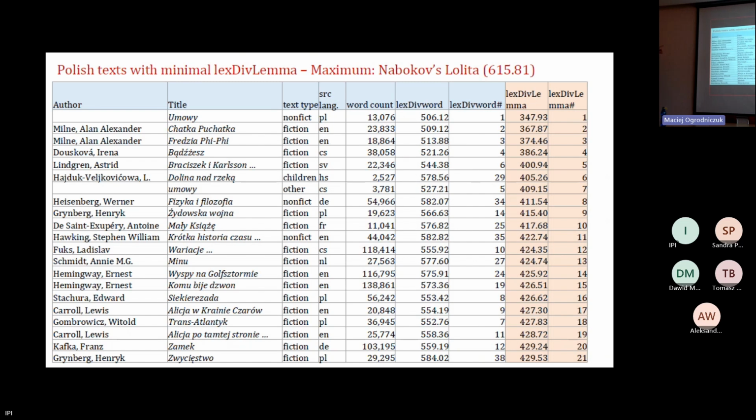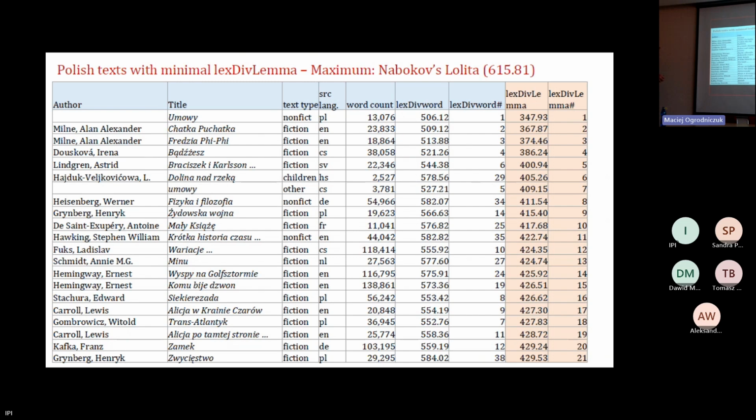Sorry, this should be coded as a children's book, but it's not. There is one translation from Czech, and the values for lexical diversity in terms of lemmas are like this. And this is the rank within those 300-something.